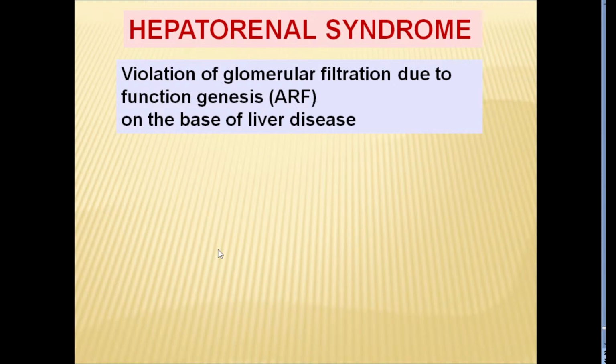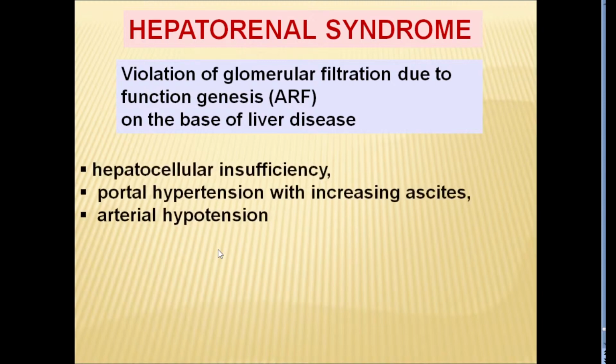If you know that a patient has primary progressive liver pathology, and after some time we reveal a problem with kidney activity, decreased glomerular filtration rate, it's the main index of renal insufficiency. The patient doesn't need specific renal therapy. All attention on the liver, and when liver activity comes back to normal, renal insufficiency disappears independently.